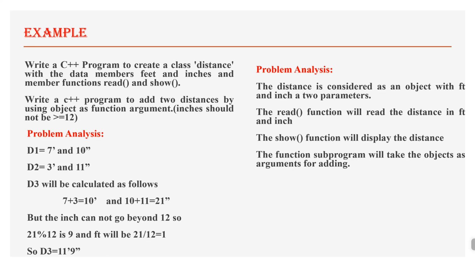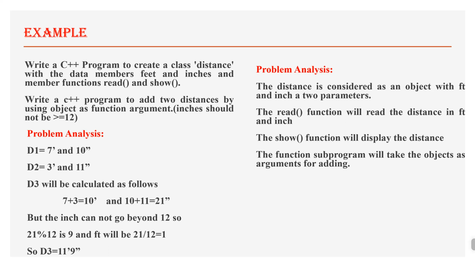What are the data members of the class called distance? Feet and inches. Then it has two member functions. What are the member functions? Read and show. Then write a C++ program to add the two distances by using object as function argument.